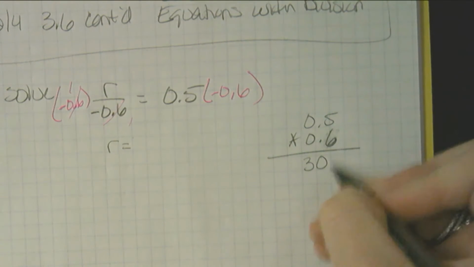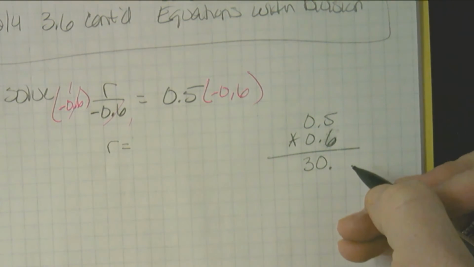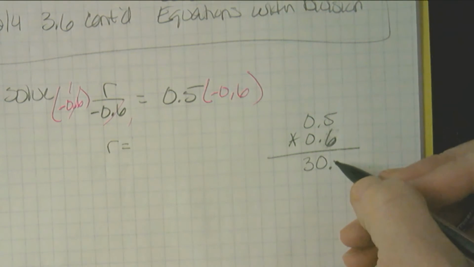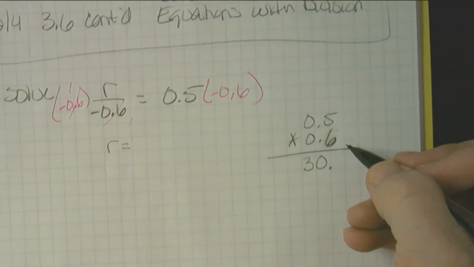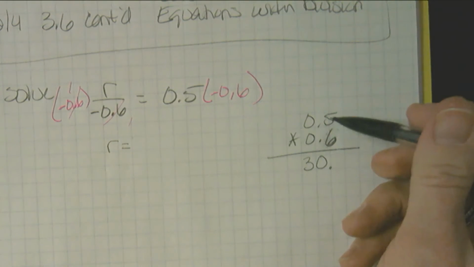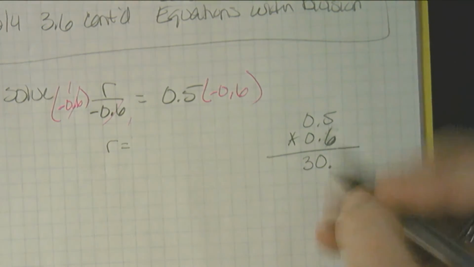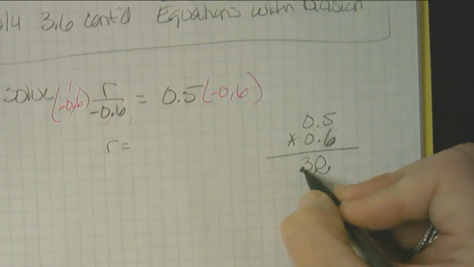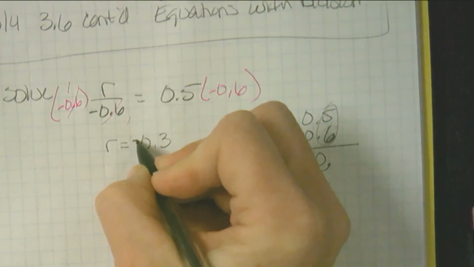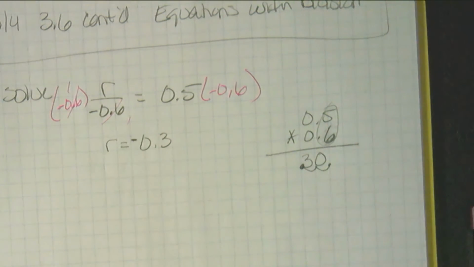My decimal is right now at the very end. How many spaces do I need to move my decimal in my final answer here? Maya? Why? Because there's 2 digits behind the decimals, right? So I'm going to move this 2 spaces because I have these 2 numbers. So R is equal to 0.3, and it's going to be negative because it's a positive times a negative.